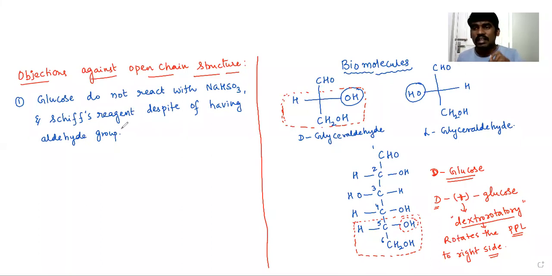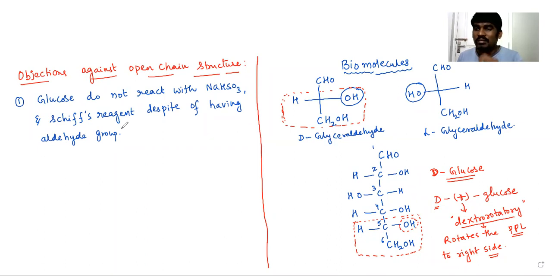Characteristic reactions of aldehydes are the reaction with NaHSO3, which gives an addition product. That characteristic reaction is not given. And also the reaction with Schiff's reagent. If you add Schiff's reagent to an aldehyde solution, the pink color is restored.